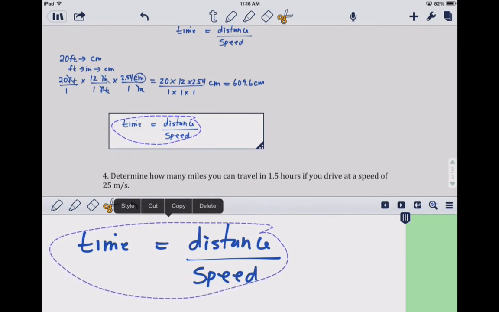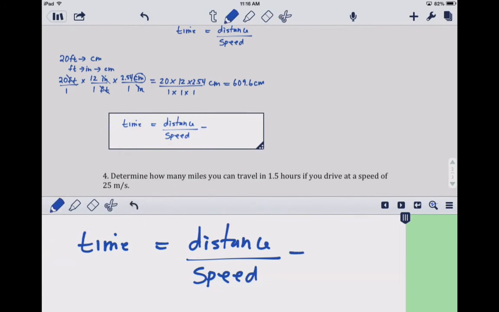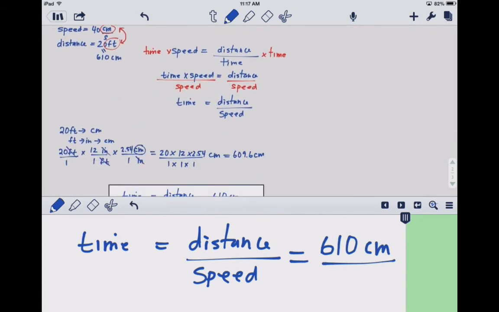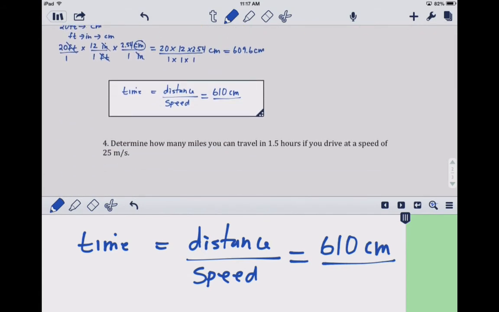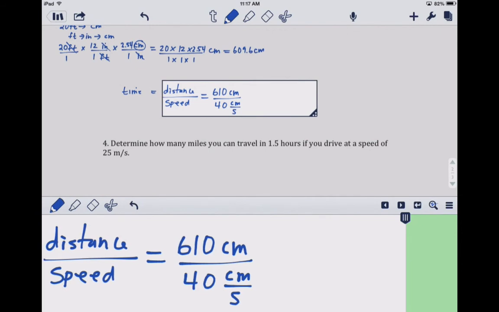And I know that the distance is 610 centimeters. The speed is, what did we say? 40 centimeters per second. So every 40 centimeters I move takes 1 second, and I have to travel 610. So I will divide 610 by 40, and get 15 1/4, 15.25.